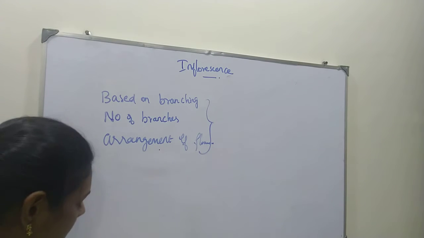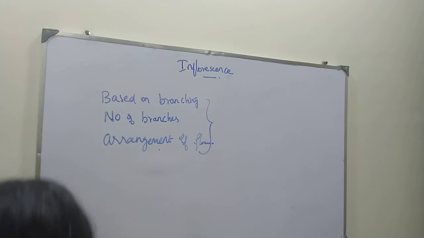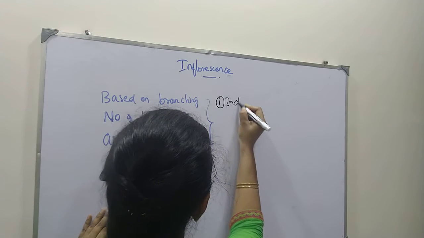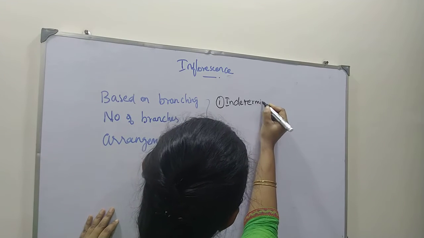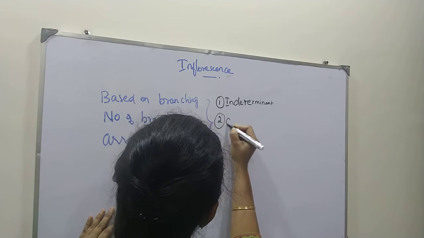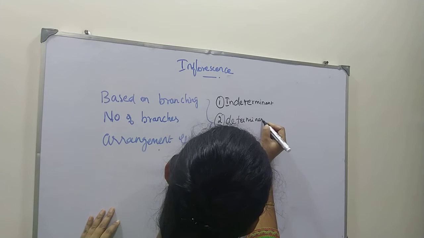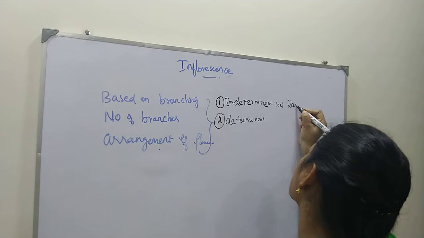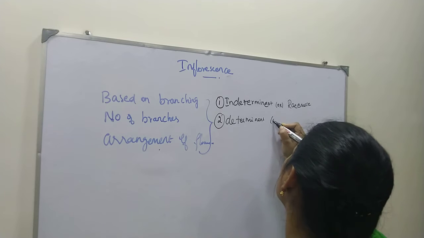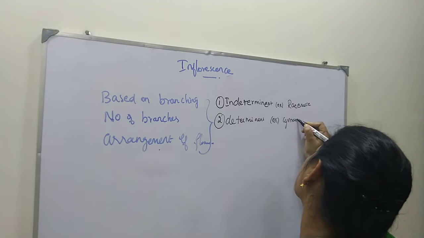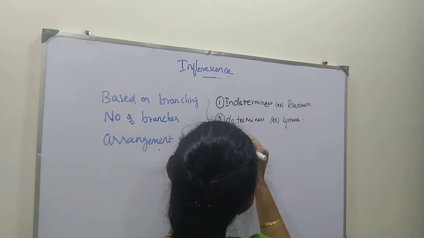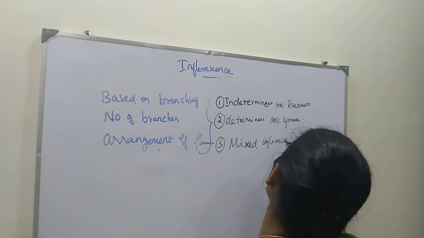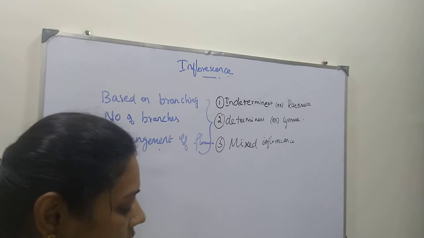Based on this, the first is indeterminate, also called Racemose. The second is determinate, also called Cymose. The third one is mixed inflorescence, which has the characteristics of both indeterminate and determinate. So that you should know.